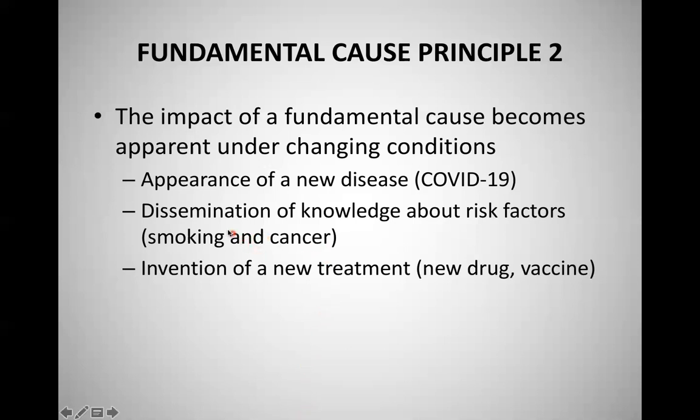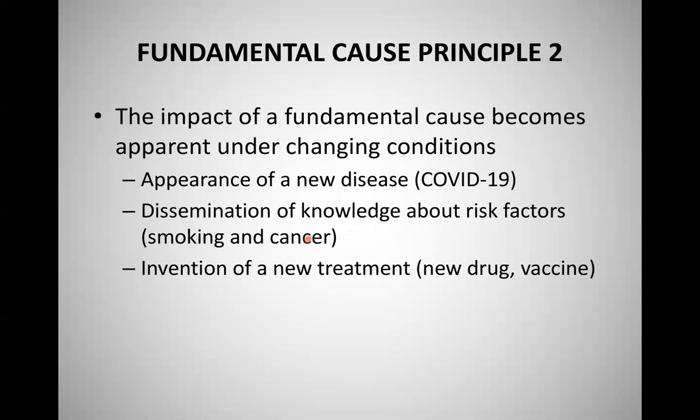We have other examples, such as the dissemination of knowledge about risk factors. I'm not sure how the dynamics are in the context of Lebanon, but in the US, in the 1950s and 1960s, I'll give you the example in the next slide.